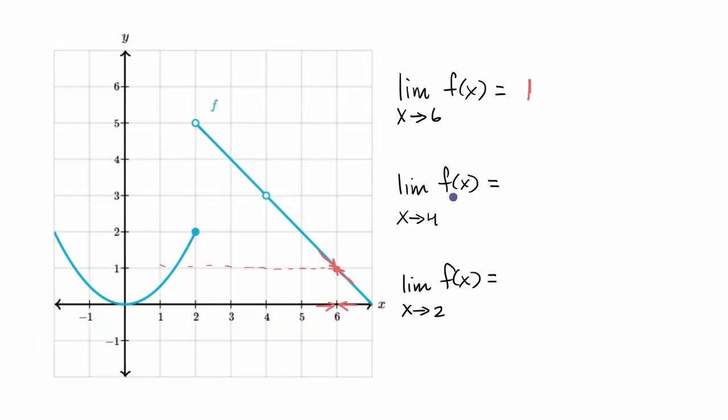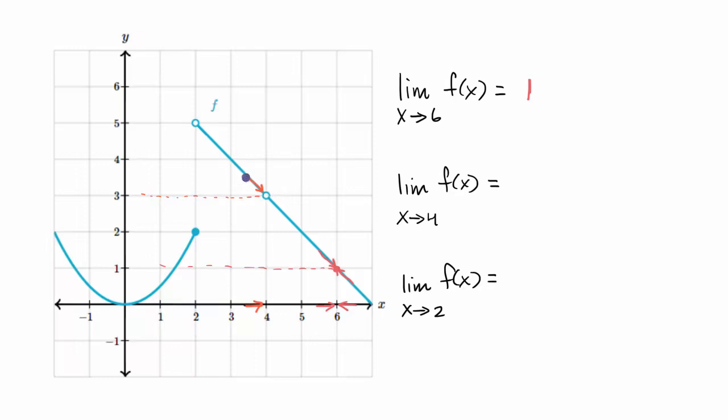Now let's do this next one. The limit of f of x as x approaches 4. As we approach 4 from the left-hand side, it looks like the value of our function is approaching 3. Remember, you can have a limit exist at an x value where the function itself is not defined. If you said, what is f of 4? It's not defined.